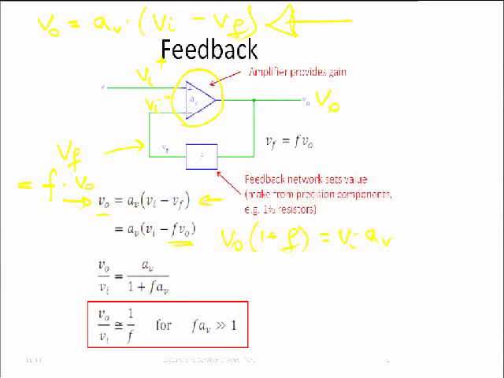We can divide by this 1 plus F times AV term and also by VI, and then we get this result down here.